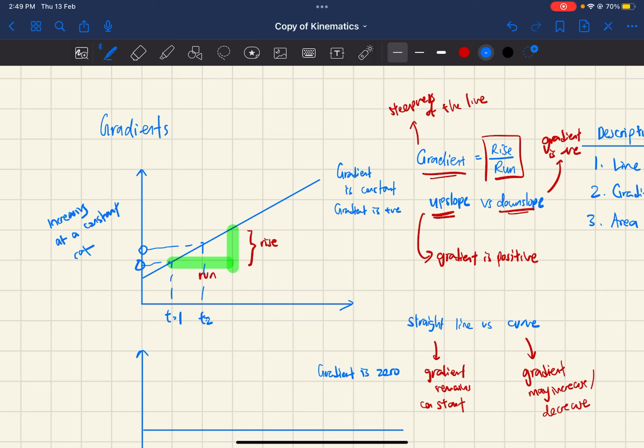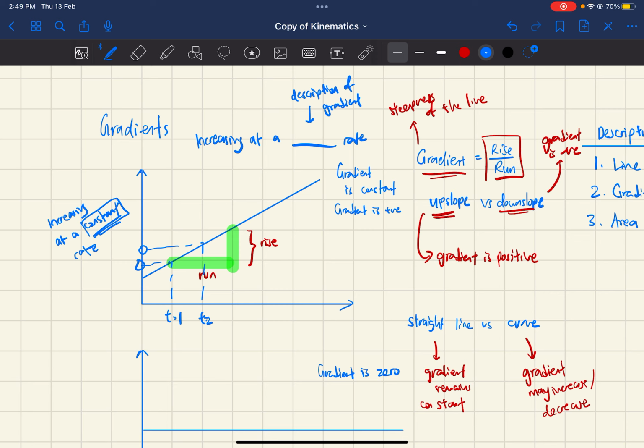How do you know it is a constant rate? This is basically the description of your gradient. It will be increasing at a something rate, and this is the description for your gradient. If your gradient is constant, then this will be increasing at a constant rate.